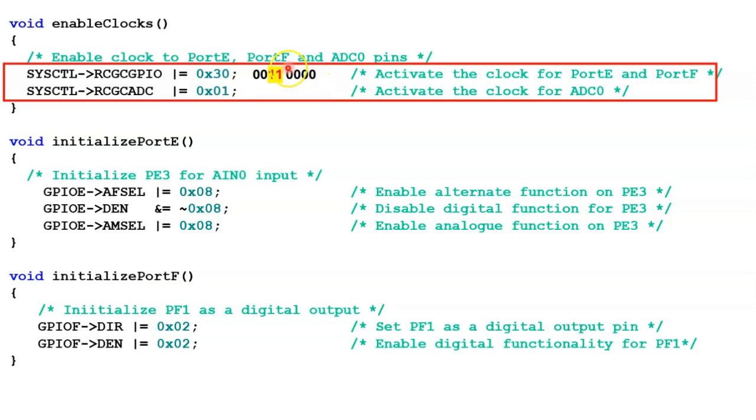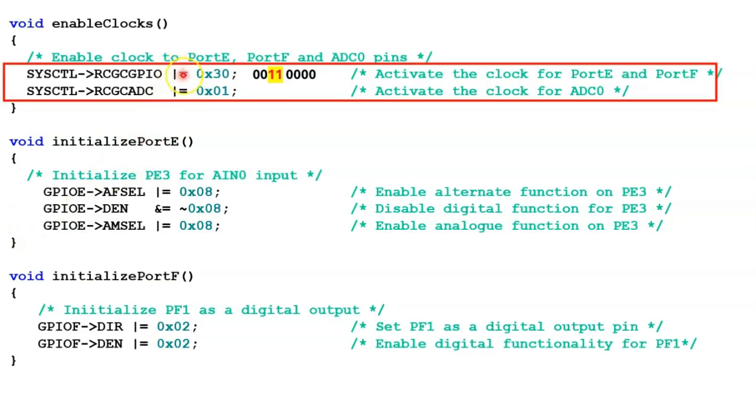Bit 4 corresponds to port E, and bit 5 corresponds to port F.